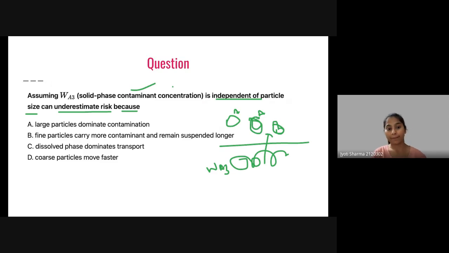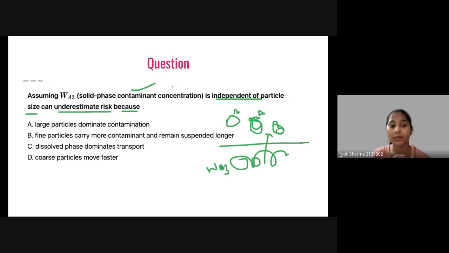Why? Because fine particles carry more contaminants, because the surface area for the fine particle is very high, and we know that we have Brownian motion. Because of this Brownian motion, they will remain suspended longer in the water, and that's how this will increase the resuspension.